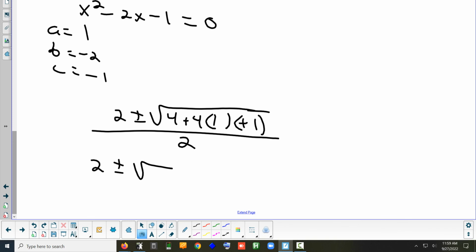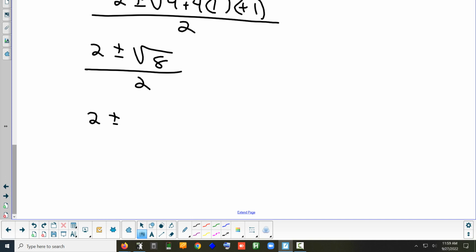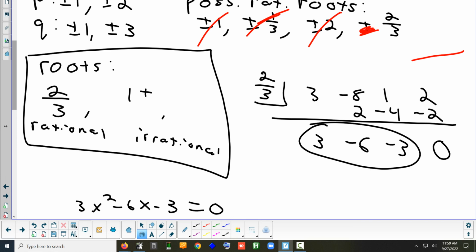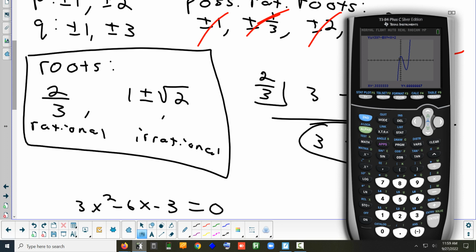So that's the square root of 4 times 1 is 4, times 1 is 4, plus 4 is 8. And what is the square root of 8? 2 squared times 2, so 2 square root of 2. And what cancels everywhere that's not under a root? You can cancel a 2 from everywhere that's not under a root. So you end up with 1 plus or minus square root of 2. Those are the irrational ones.